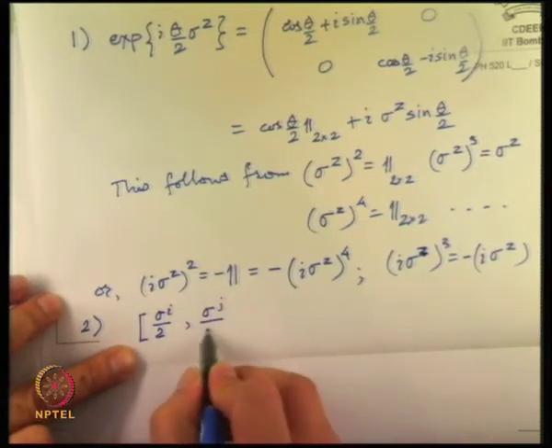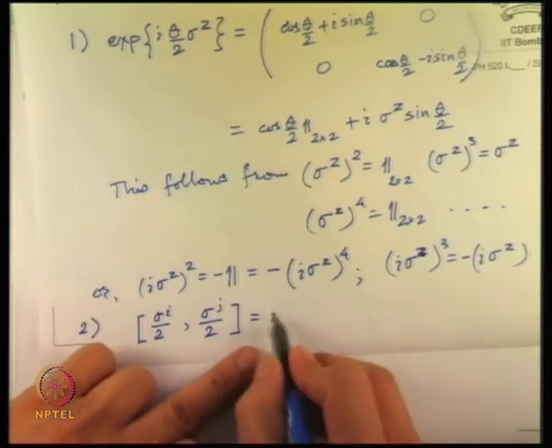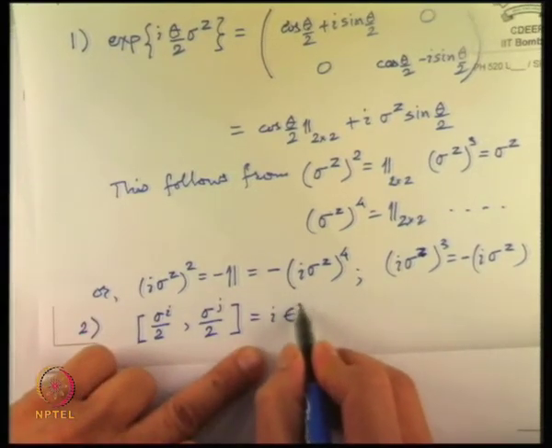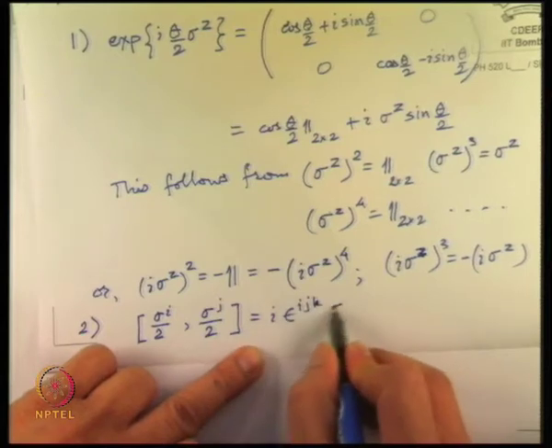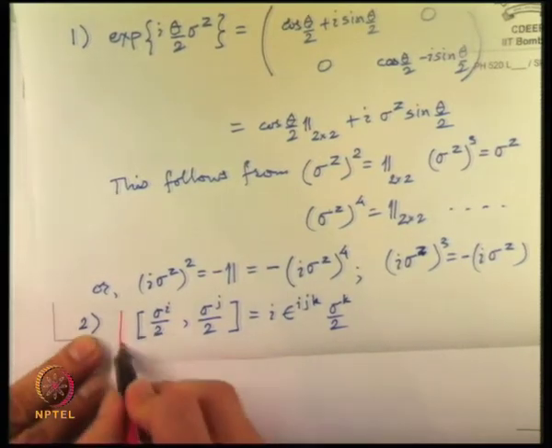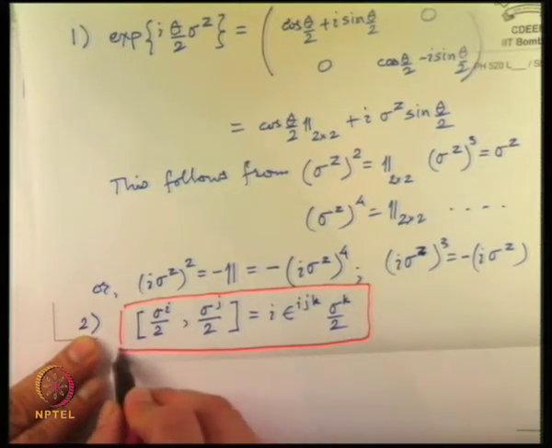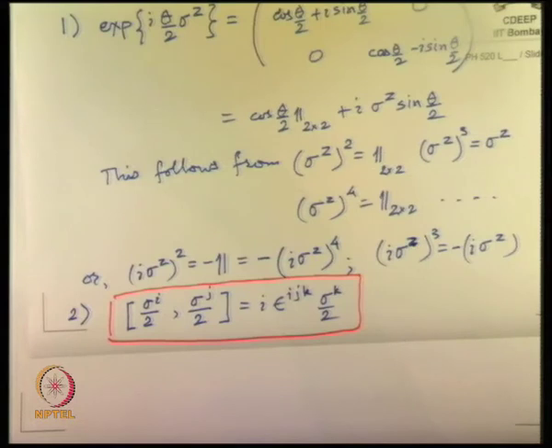Sigma j over 2 is equal to I times epsilon ijk sigma k by 2, which was exactly the algebra obeyed by the J version of the rotation group. So we will stop here today and resume with SU2 groups and Lie algebras later.